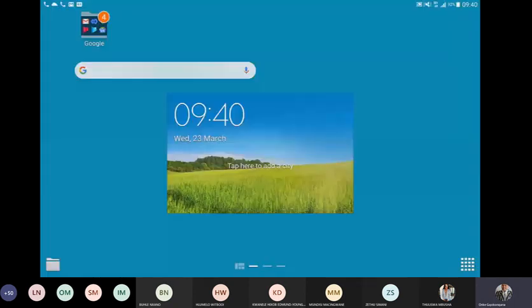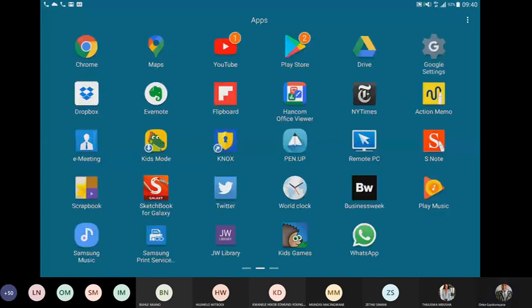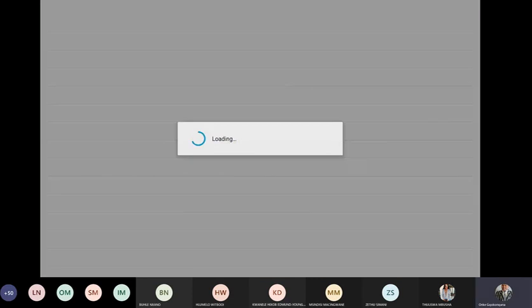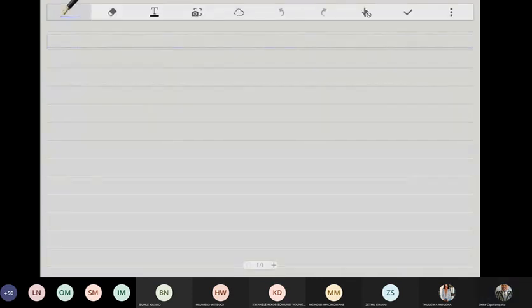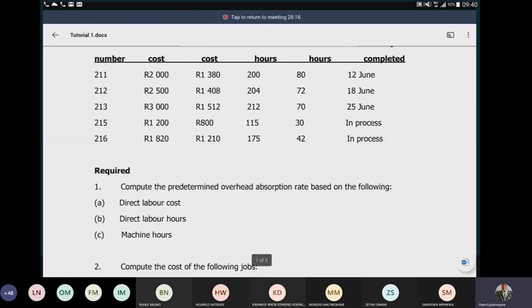Let me open up where I'm going. So, if you go back to our question, the first one says: compute the predetermined overhead absorption rate based on the following direct labor cost.